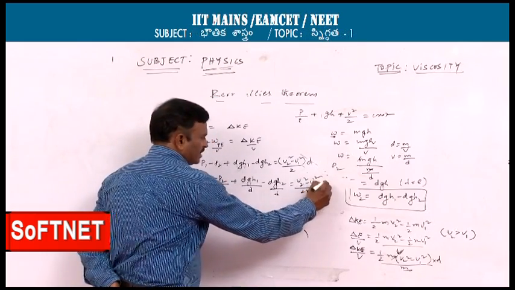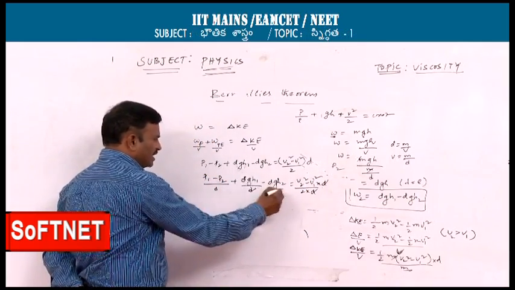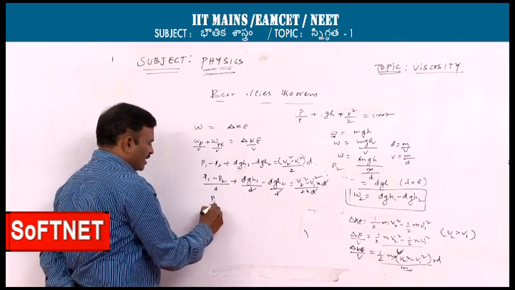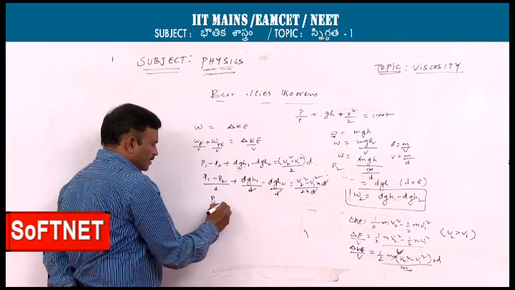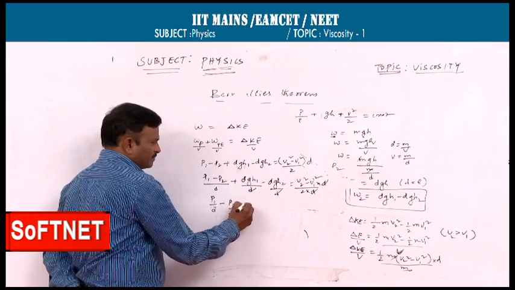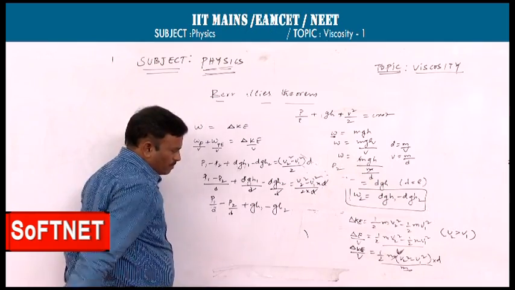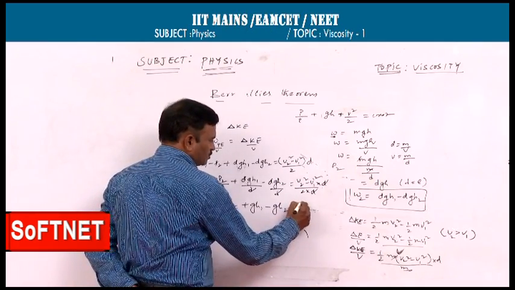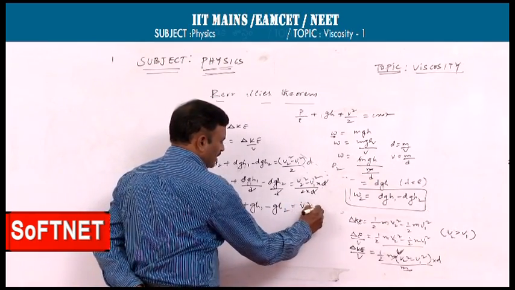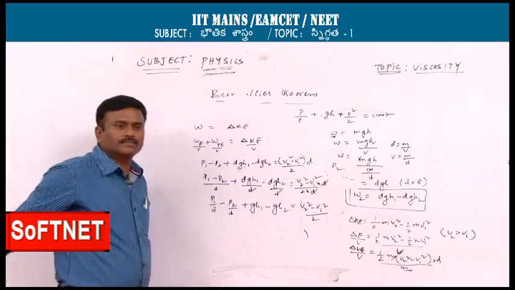Here d gets cancelled, here also d gets cancelled. Then P1 by d minus P2 by d plus g h1 minus g h2 is equal to (v2 square minus v1 square) by 2.